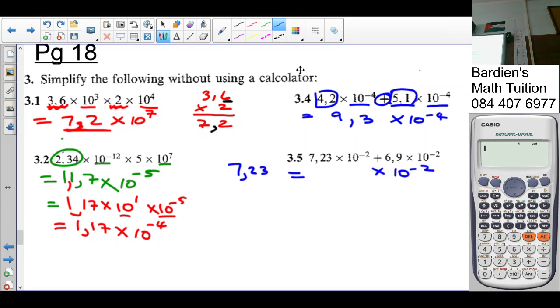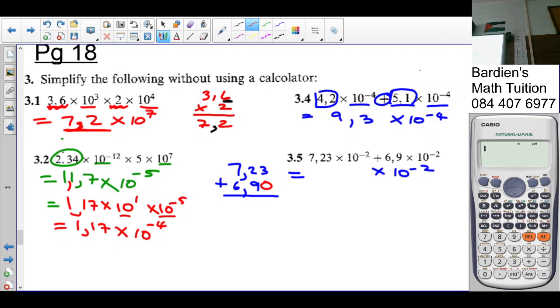So it's going to be 7,23 plus 6,9. Remember, when we're adding or subtracting, we must make sure that the numbers are falling in line. Not so? And the guide is what? A comma will be our guide. So let's add. You see here, there's no digit there.